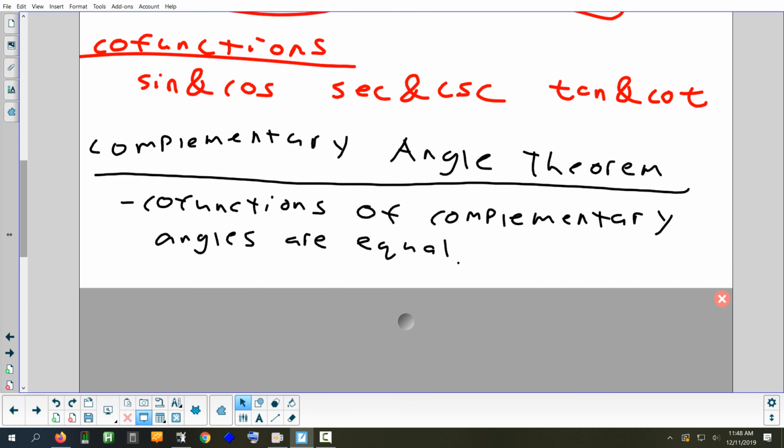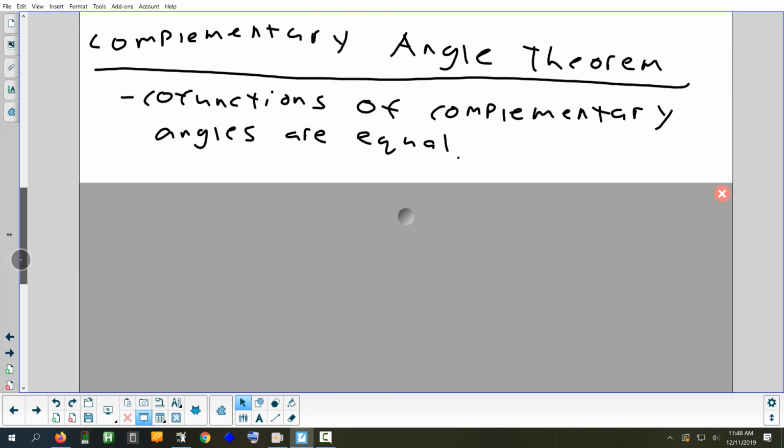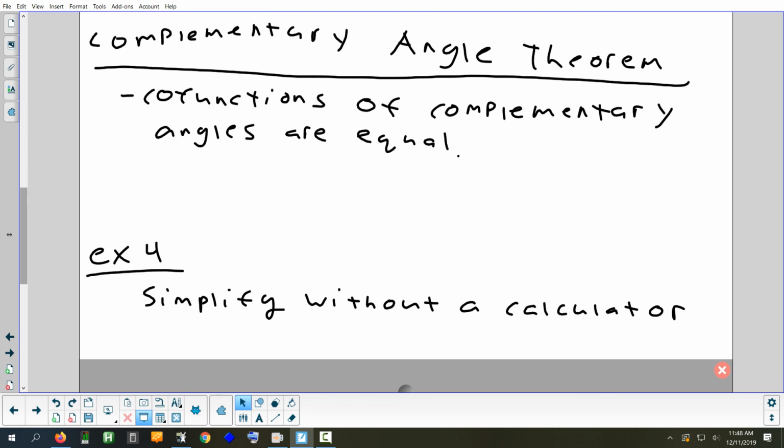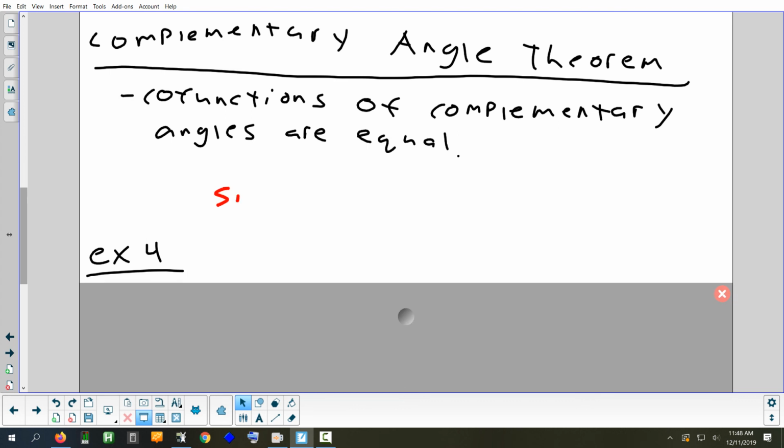It says that if you take cofunctions of angles that are complementary, the answers come out the same. So you look for two things, cofunctions and then angles that are complementary. So, just a quick example.